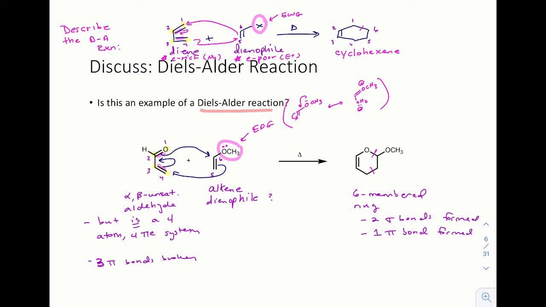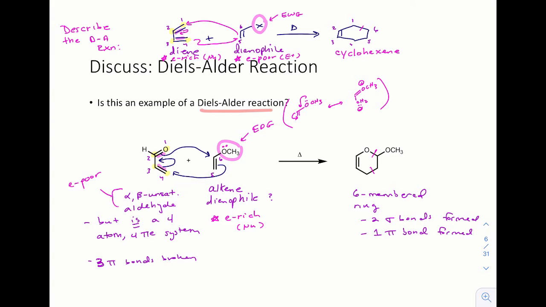And this is basically opposite for this reaction down here that we're considering. The dienophile is electron-rich. It is probably acting as a nucleophilic species. And the diene-like species is electron-poor. It's an alpha beta unsaturated aldehyde. We know that those are electrophiles. But ultimately, there are 6 pi electrons reacting in this circle.